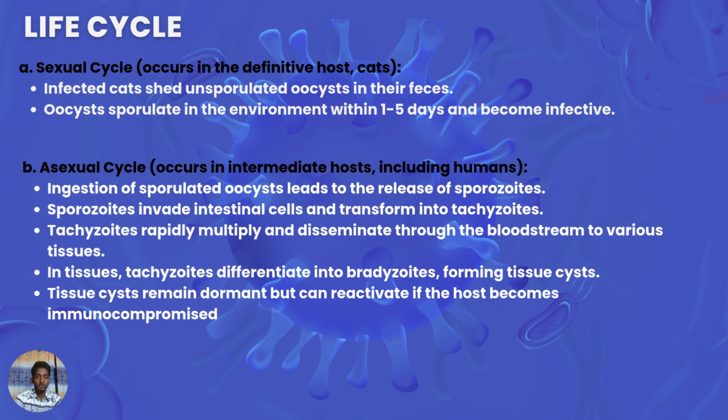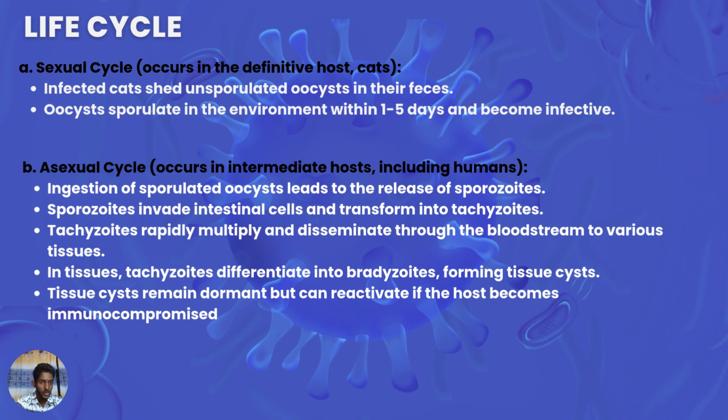an infective stage. Now, in the asexual life cycle, if these sporulated oocytes have contaminated food, once they are ingested by the human, they will release sporozoites. Then these sporozoites will invade the intestinal cells and transform into tachyzoites.